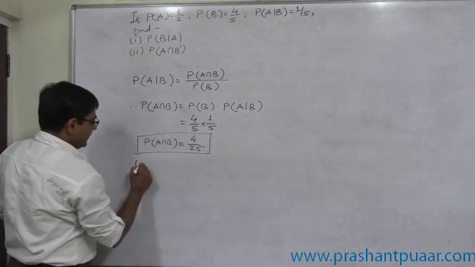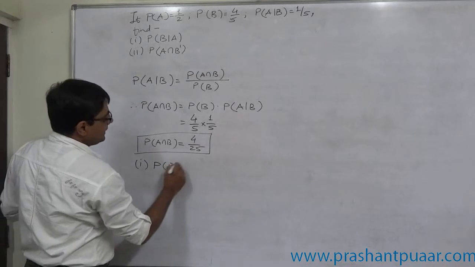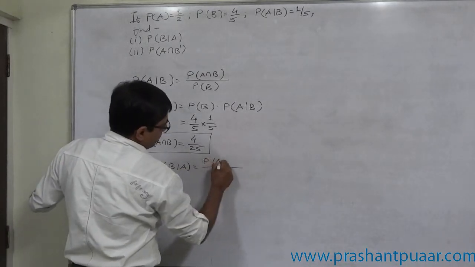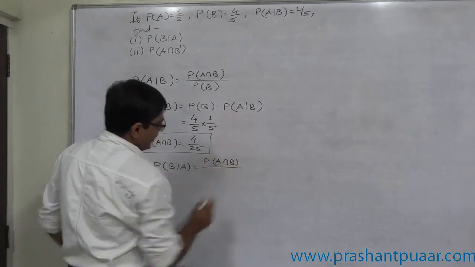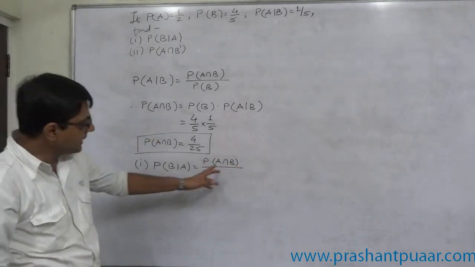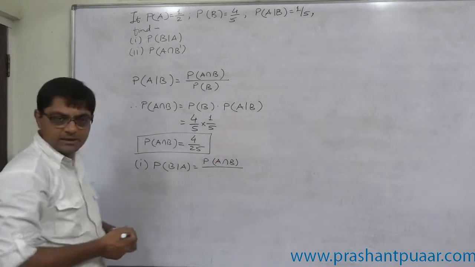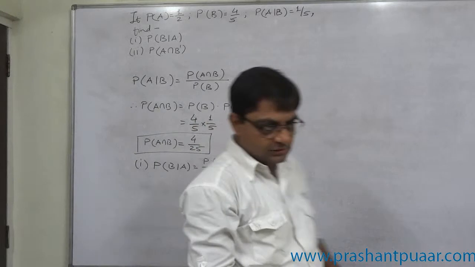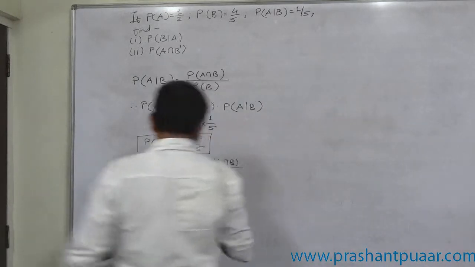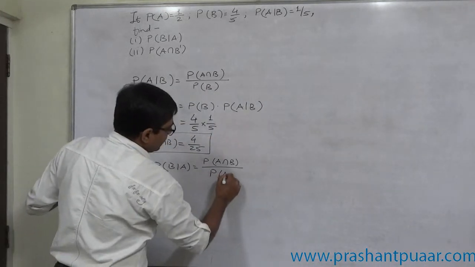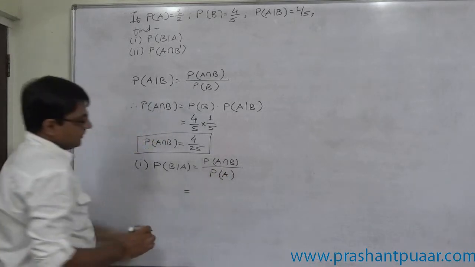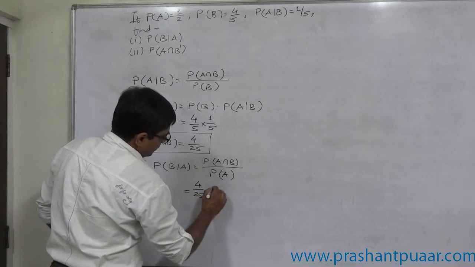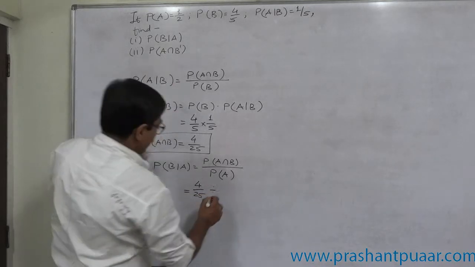So now the first case, probability of B given A, that is the probability of simultaneous happening, that means P of A intersection B, or even you can write P of B intersection A. In multiplication order is not important. It is like 2 into 3 equals 6 and 3 into 2 equals 6. And divided by P of A. P of A intersection B is 4 by 25 divided by P of A, 1 by 2.